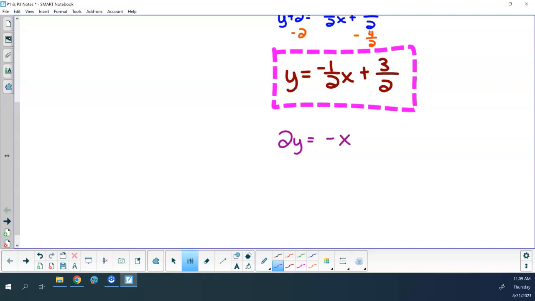If I multiply 3/2 by 2, I get 3. See what I did there? I multiplied every term by 2, because I have to get rid of the fractions. The standard form doesn't have a fraction. Then I can add x to both sides, and my standard form would be that.